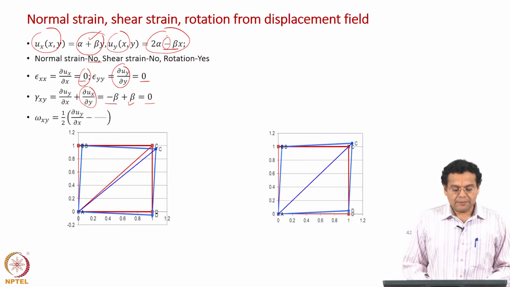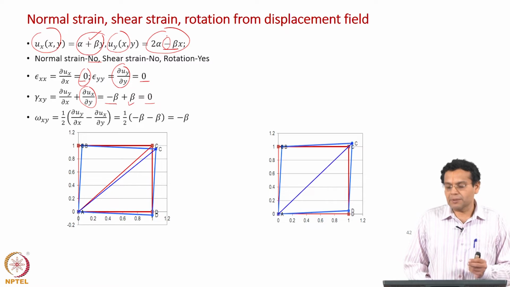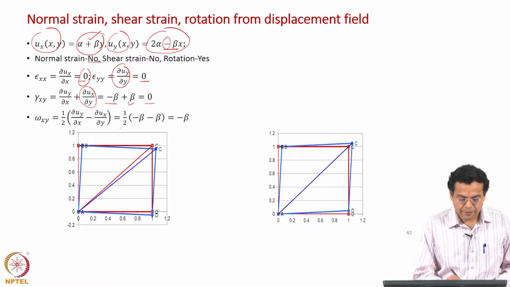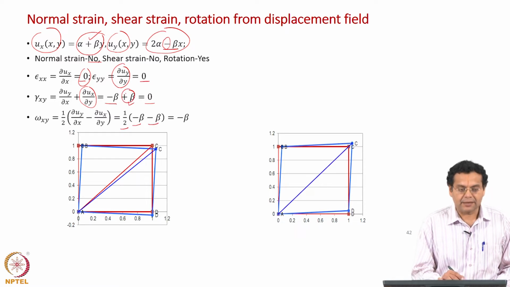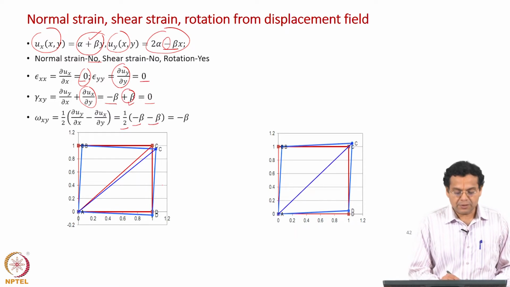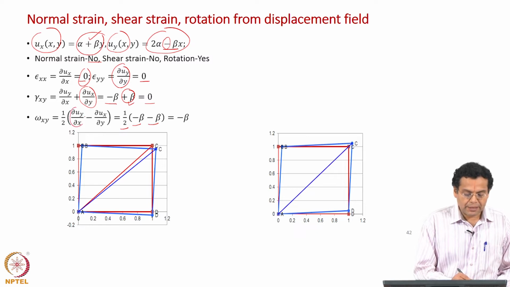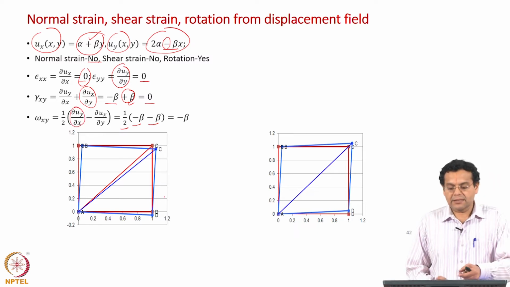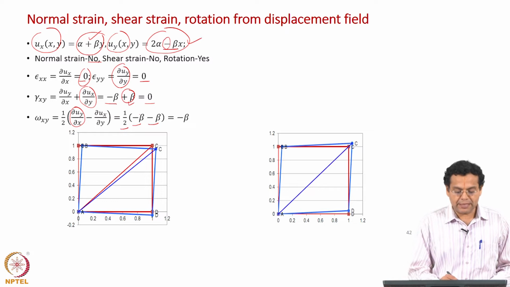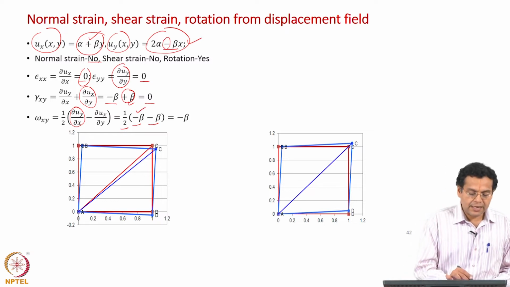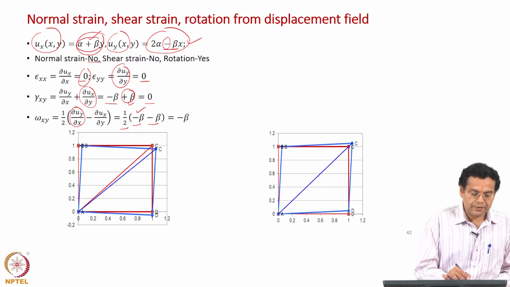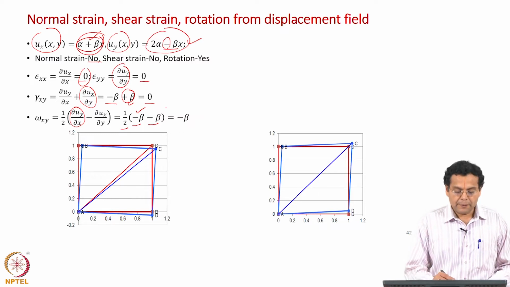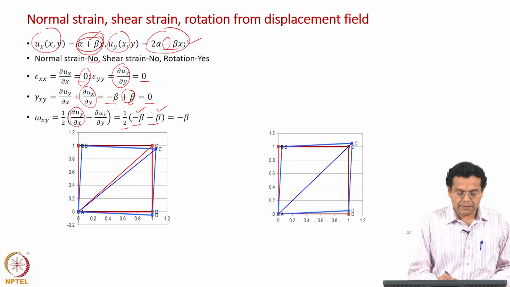Omega x y is half of the same derivatives as earlier, with the minus sign. We also discussed how to remember that. So, now it is half dou u y by dou x, differentiating with respect to x gives you minus beta, and then differentiating the other expression with respect to y gives you beta, but you have an additional minus sign.